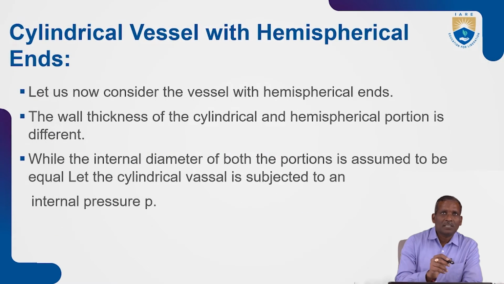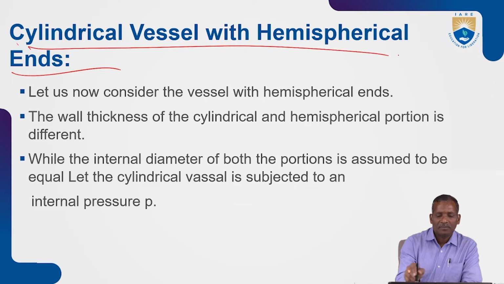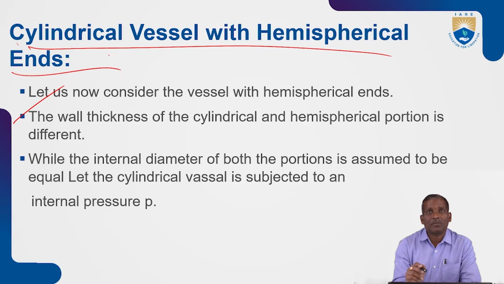Here see the cylindrical vessel with hemispherical ends. Let us now consider the vessel with hemispherical ends. The wall thickness of the cylindrical and hemispherical portions is different. The thickness of the wall is different for the semi-spherical ends, while the internal diameter of both portions is assumed to be equal.